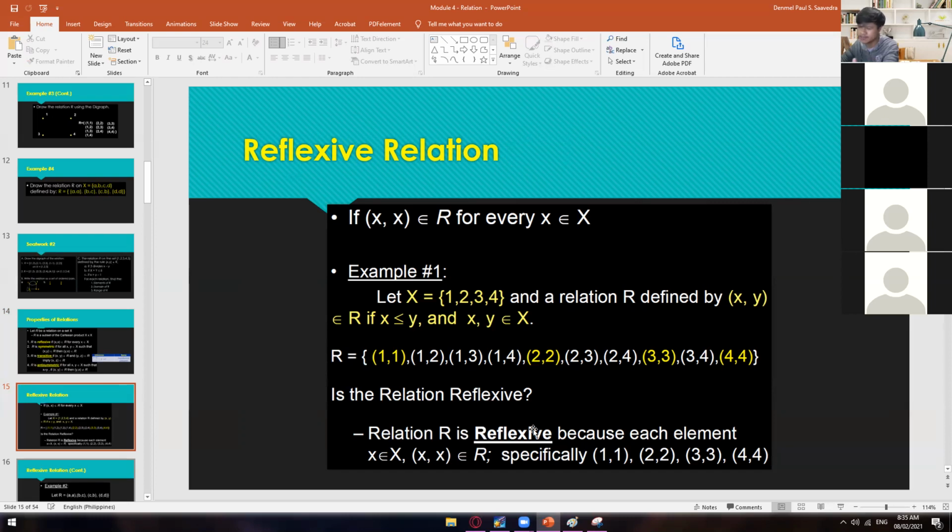Relation R is reflexive because for each element x, (x, x) is an element of R. Specifically (1, 1), (2, 2), (3, 3), and then (4, 4). Did you guys get this one so far? Yes, sir. This one's very straightforward. If it's reflexive, it should reflect its own element.